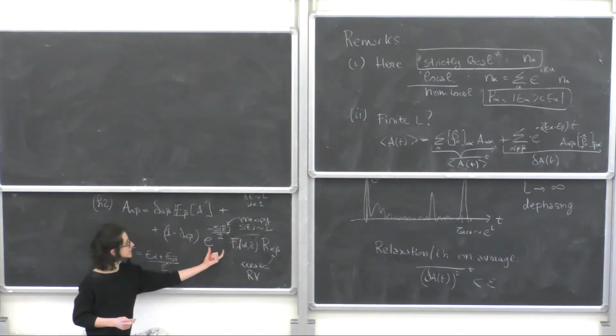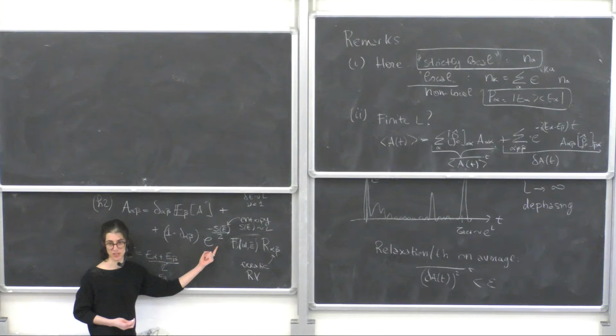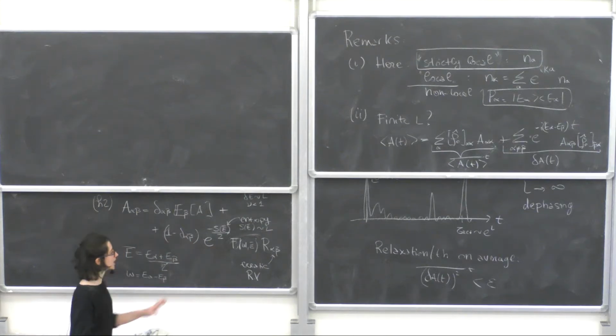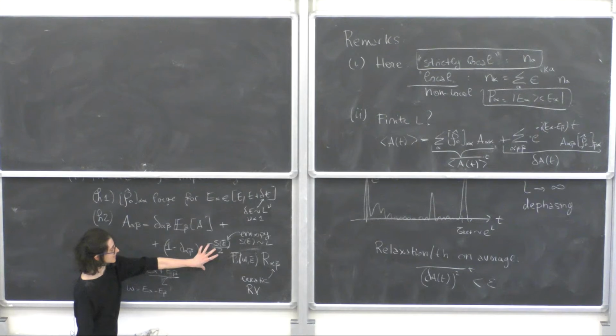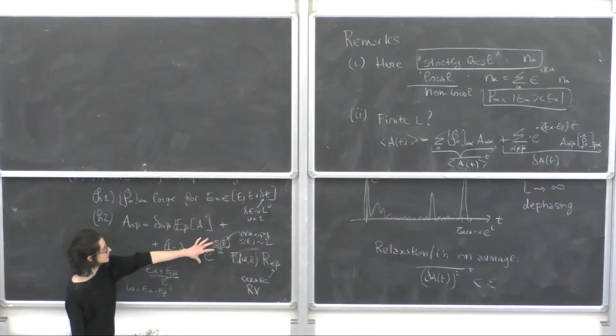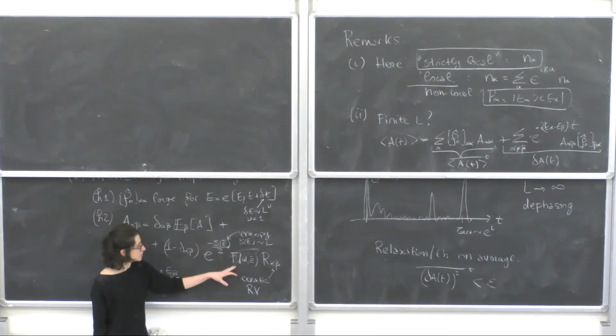But the important thing that you need for time evolution is that the off-diagonal matrix elements are suppressed exponentially in the size of your system. So you have two things in here, and all the interesting thing about how you converge to equilibrium comes from the structure that you put in here. So this will give you information about the dynamics.